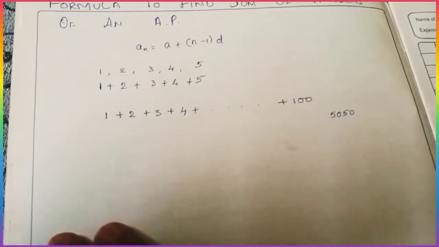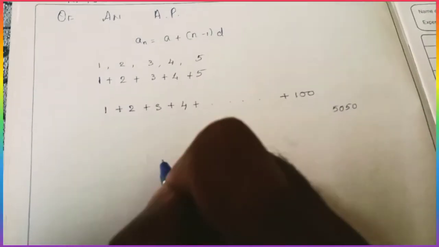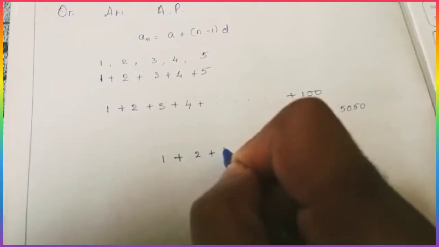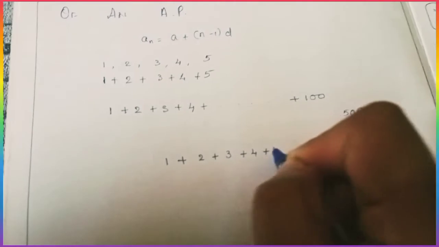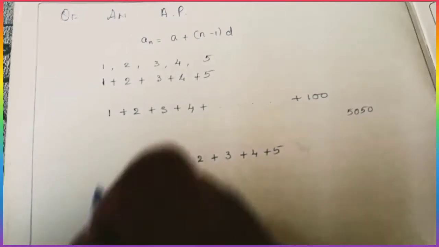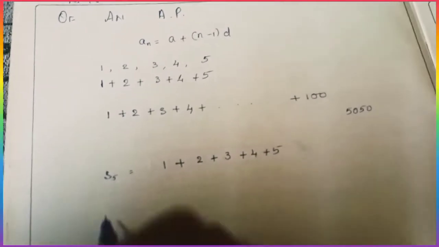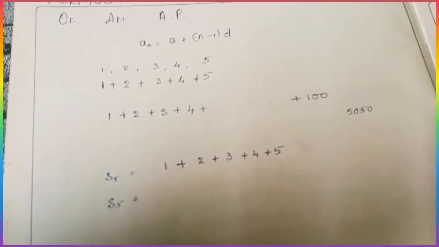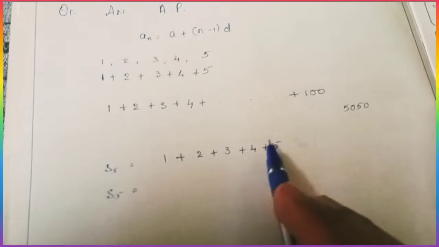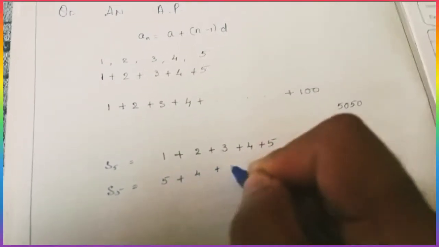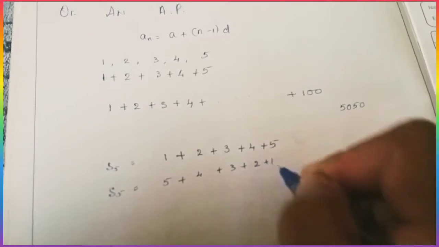Let us consider we just need to add the sum of 5 terms. What he did was reverse the process. We have written 1 plus 2 plus 3 plus 4 plus 5. He reversed it, that is 5 plus 4 plus 3 plus 2 plus 1.